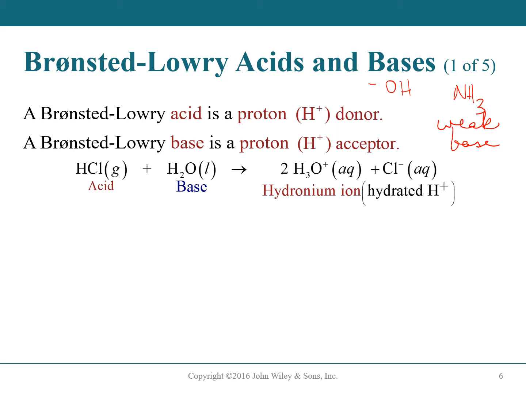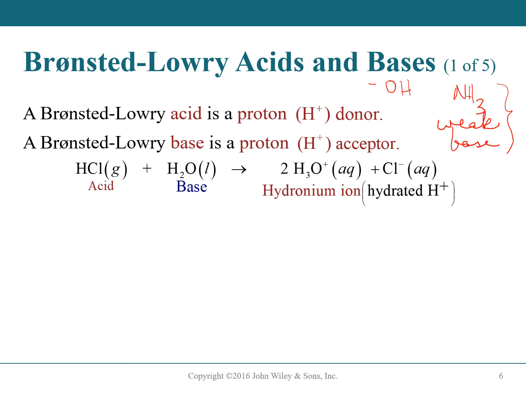So how can we come up with a definition of bases that allows us to account for some unusual ones? Well, ammonia is not that unusual. It's a very common reagent, but it doesn't clearly have a hydroxide. And so we now get to a much broader definition, the Bronsted-Lowry definition of acids and bases.